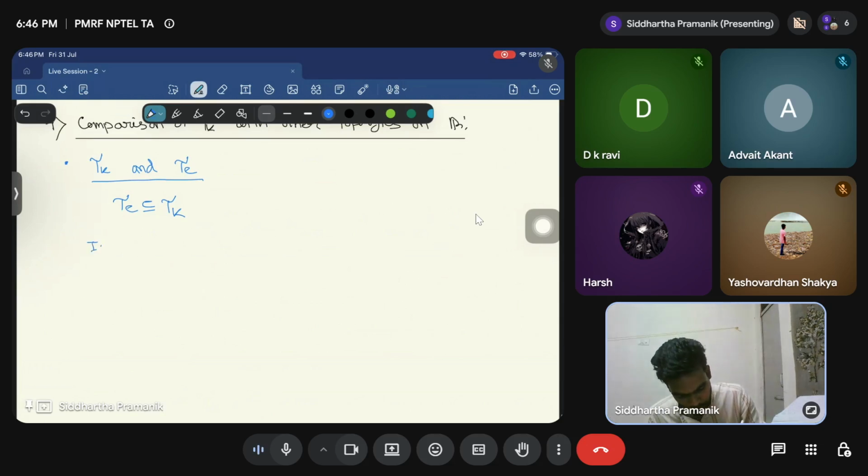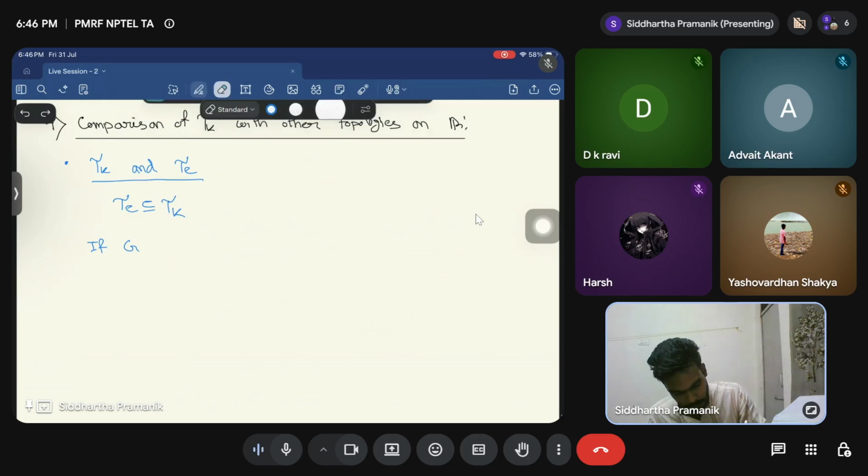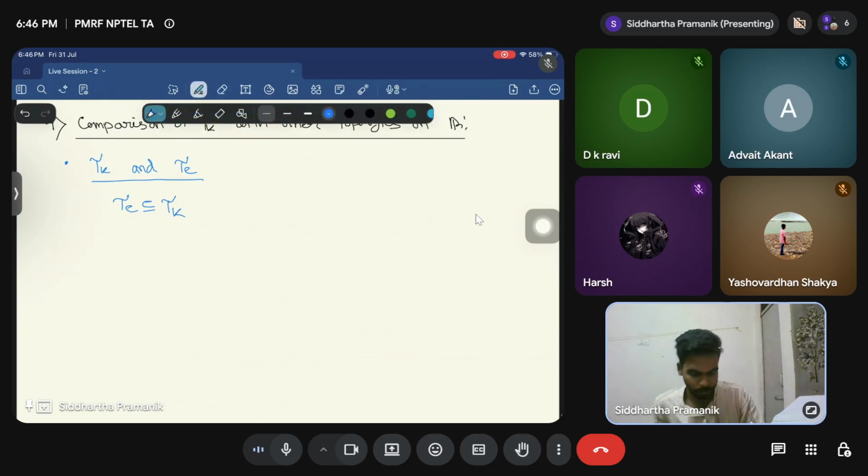Let's do this one at least one time so that you do not have any confusion. So let G belong to tau e and we want to show G belongs to tau k.